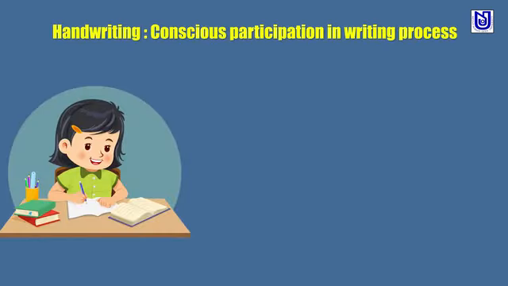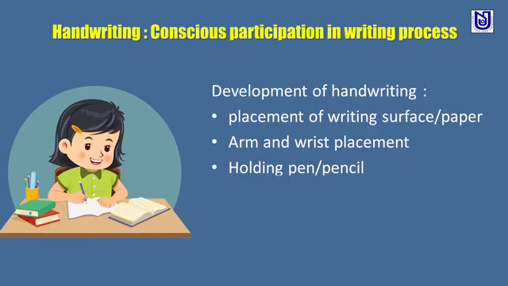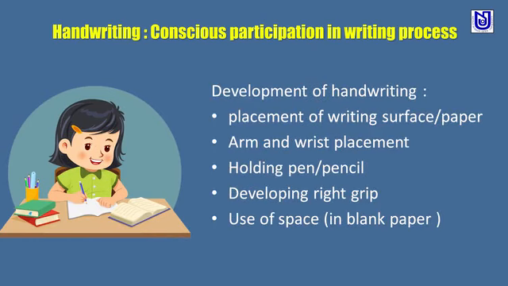Handwriting, this is a conscious participation in the writing process, right? So, development of handwriting is when you go through certain stages, because all of us have gone through it. In our early childhood days, you are asked to write in a certain way so that you develop a good handwriting skill.